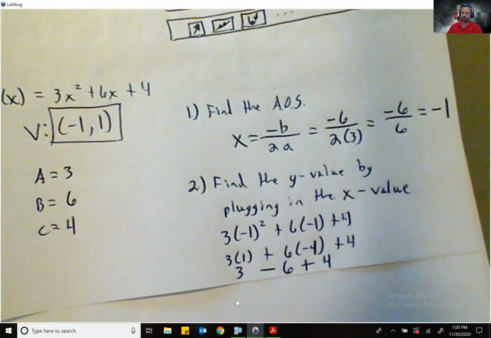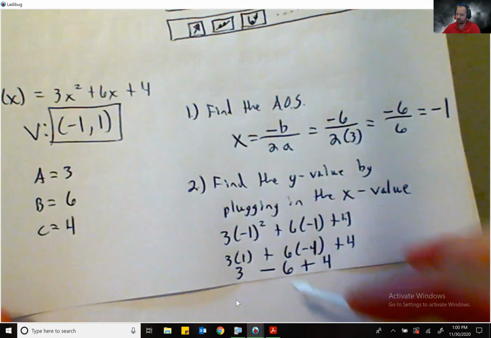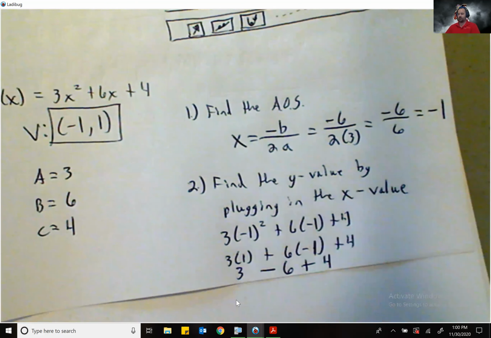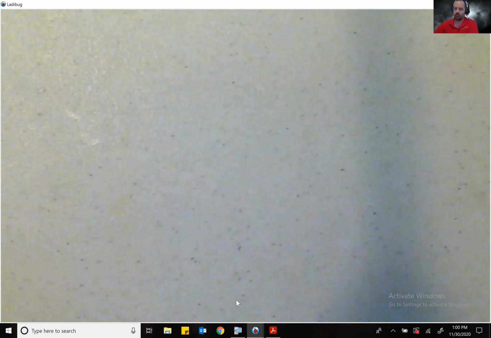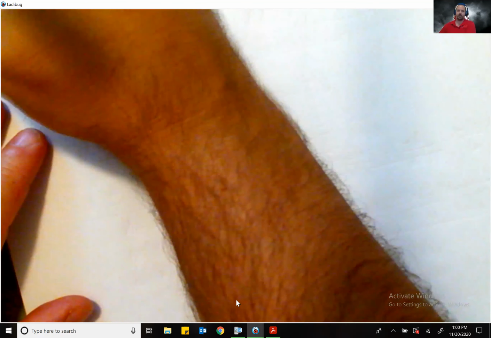So 2 ways. You can use your calculator or you can run some quick formulas. Almost done. 2 more. Number 29, I believe, is a word problem. And then number 30 is a complex number problem.